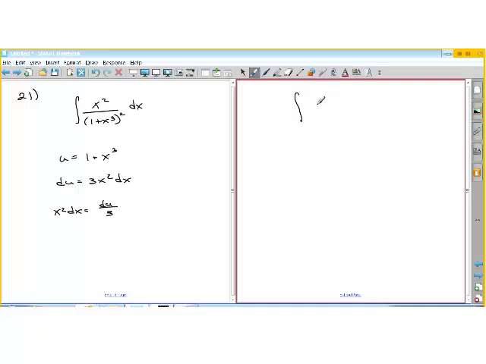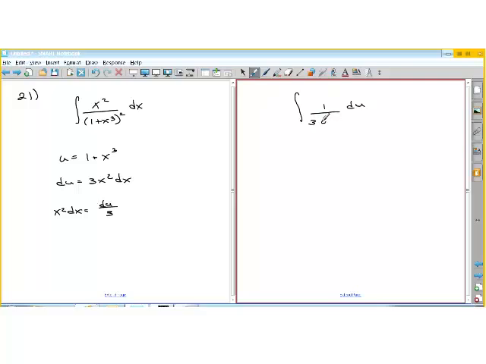Then we can rewrite the original integral in terms of u. So the numerator, x squared dx, is equal to du divided by 3. And then in this case, we actually have 1/3. So 3 is in the denominator from this part.